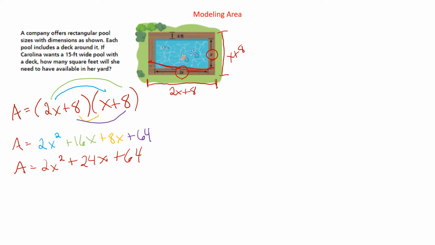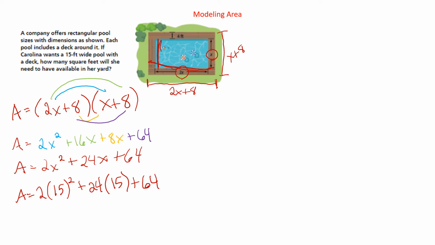That long distance is the length, which means that this distance would be the width. And so x would just equal 15. We need to plug 15 in here. So we'll have 2 times 15 squared plus 24 times 15 plus 64.